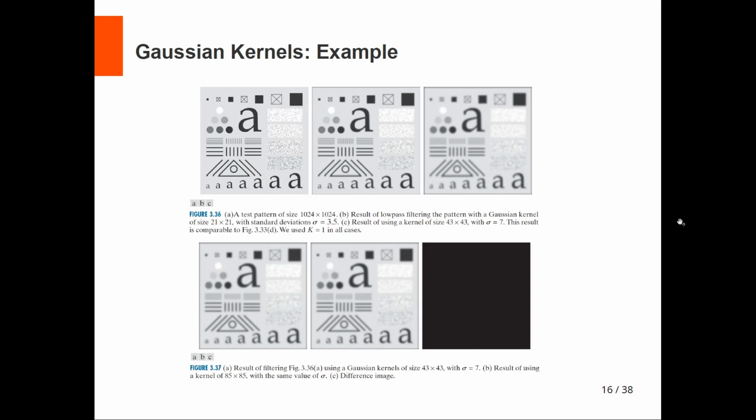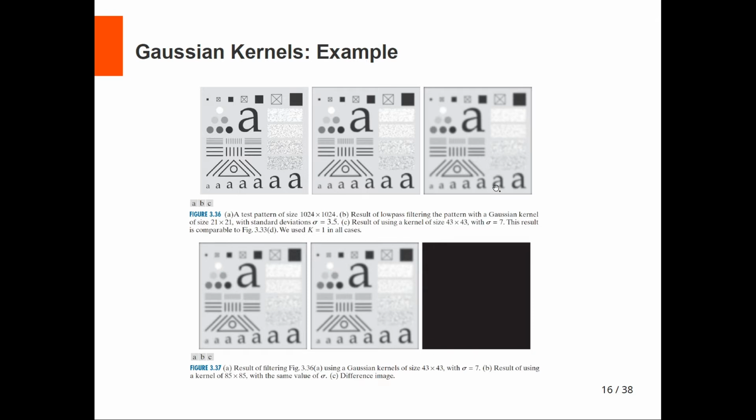So now that we saw how Gaussian kernels are defined, let's just look at one example. Here we again have the test pattern that we used for the box filters too. This is the result of low-pass filtering using a Gaussian kernel of size 21 by 21 with a standard deviation of 3.5. This one is the result of Gaussian filtering using a kernel size of 43 by 43 with a sigma value of 7.